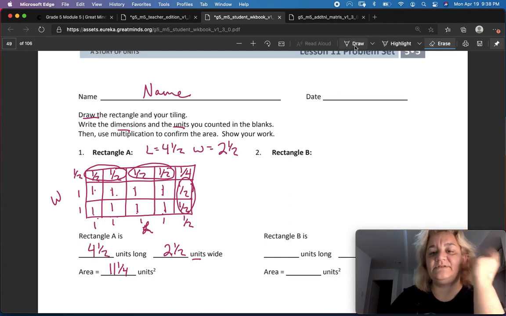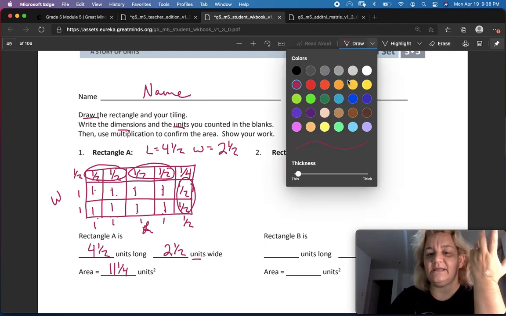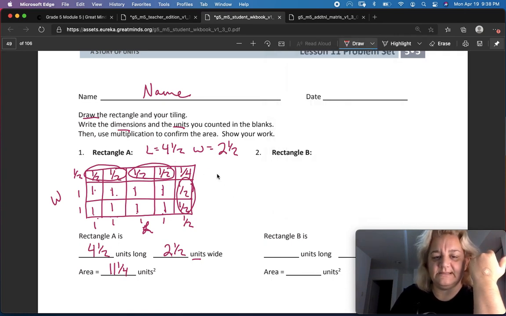I have 2 ways I can do that. I can use my distributive rule, right? So it's going to be 4 1/2 length times 2 1/2 width.